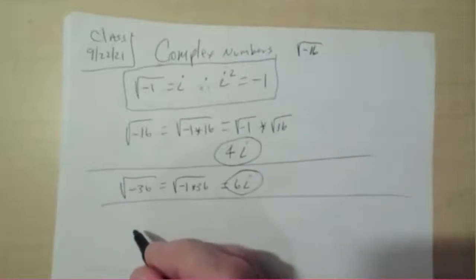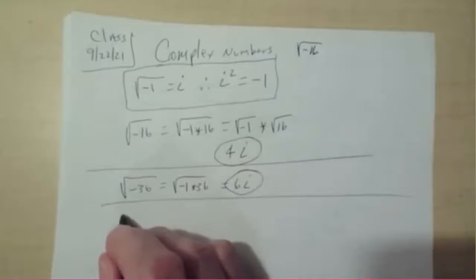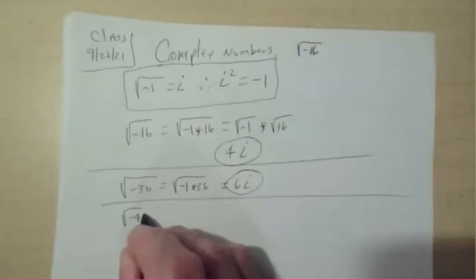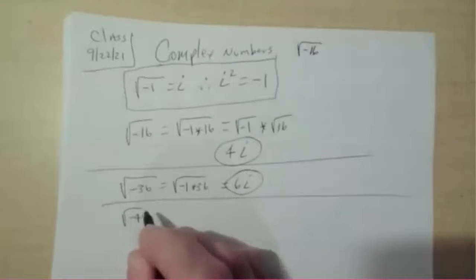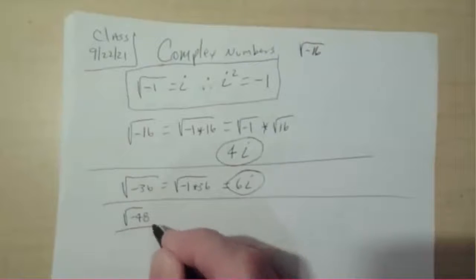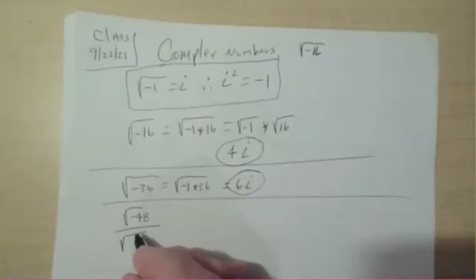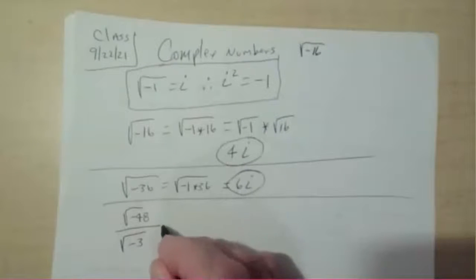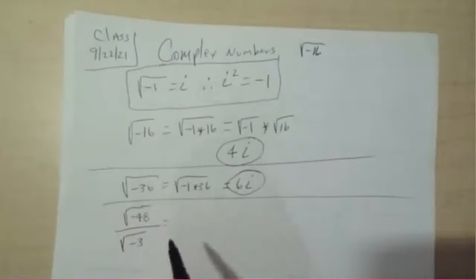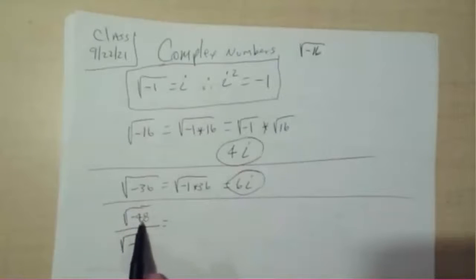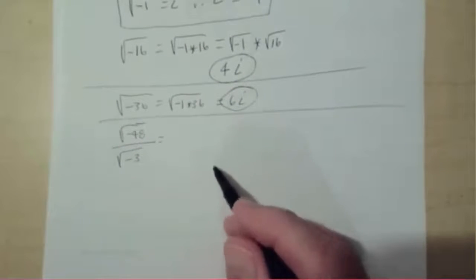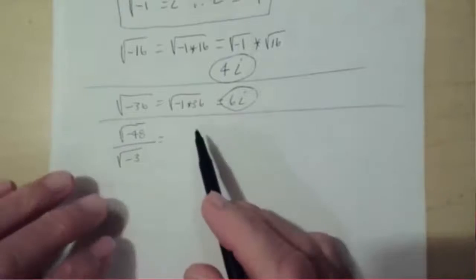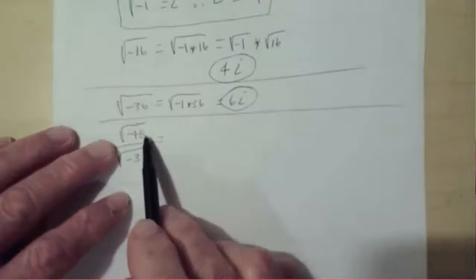Okay, now what about this? If we have the square root of negative 48 divided by the square root of negative 3. Now remember, when we want to take the square root of a number like this, we want to factor the 48 into two numbers where one of them is a perfect square.